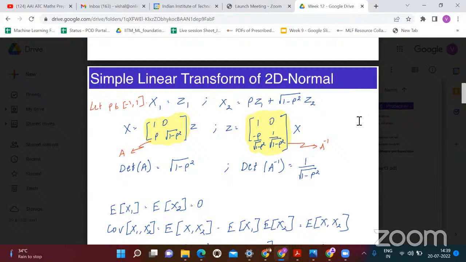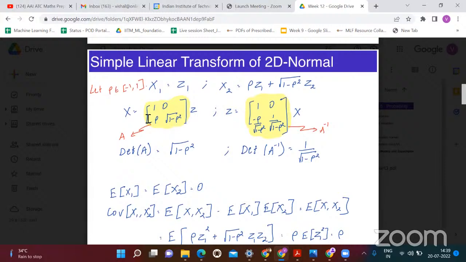If you see this, we are writing x in the form of a matrix. In the form of a matrix, you can simplify x1 and x2, and z1 and z2 also. So he wrote it in the form of a matrix and represented this as A, and then A inverse. How did we get A inverse?